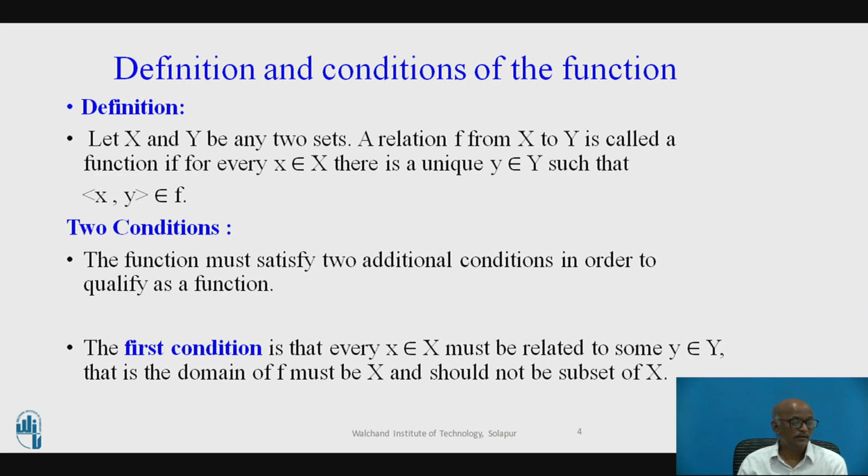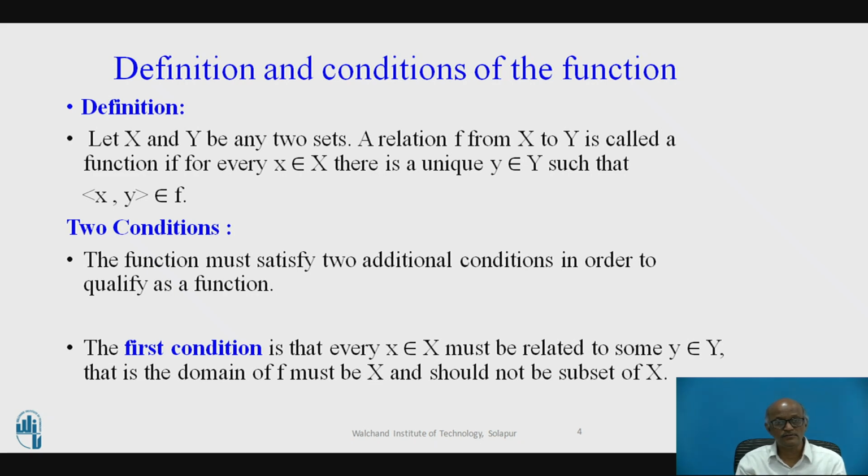Apart from that, this relation should satisfy two conditions. After satisfying these two conditions, it can be called a function. The first condition is that every x, meaning the elements of set x, should be mapped or related to some element of y which belongs to set y.